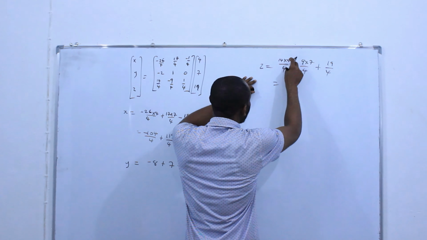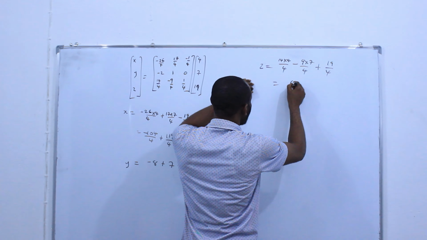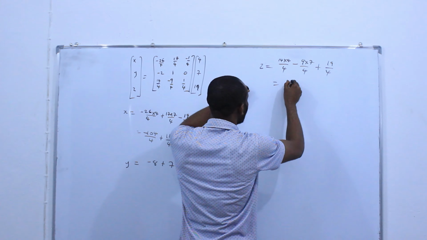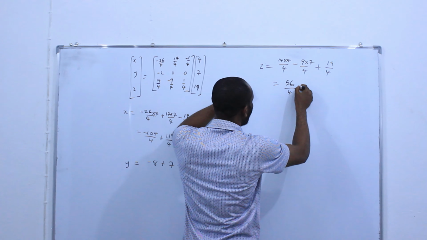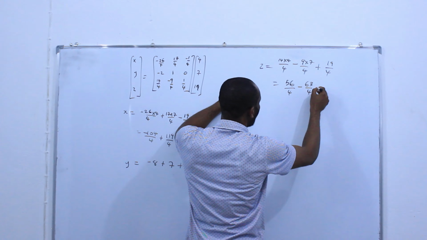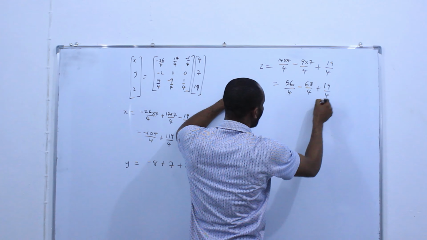When we solve that, 14 times 4 is 56 over 4, minus 63 over 4, plus 19 over 4.